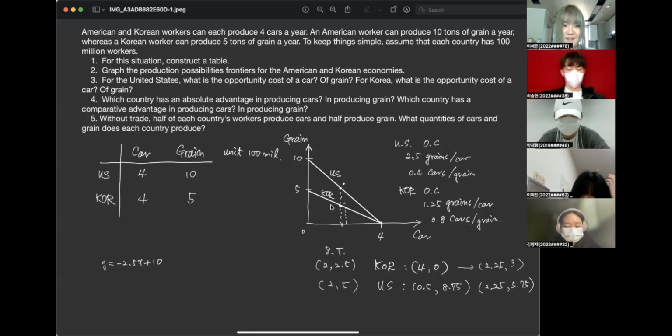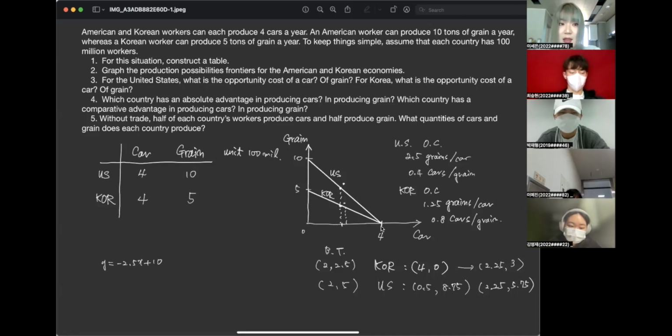In this case, Korea's economy is smaller than the US. The capacity of the economy is smaller. Then Korea should specialize in its comparative advantage good. Korea has comparative advantage in producing cars, so Korea specializes in producing cars.